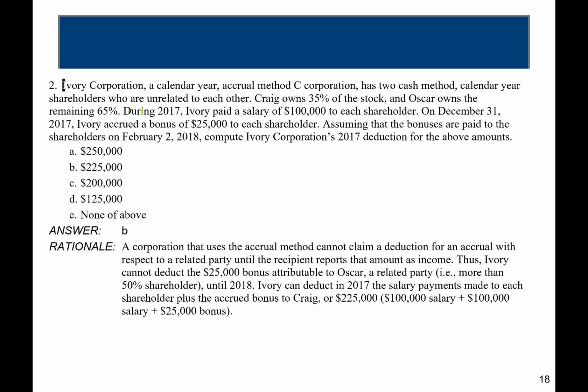Well, let's deal with the easy one first. This $100,000 to each shareholder got paid in 2017, so it obviously is a deduction for 2017, because it was paid in 2017, right? Okay, so that's 100,000 plus 100,000.